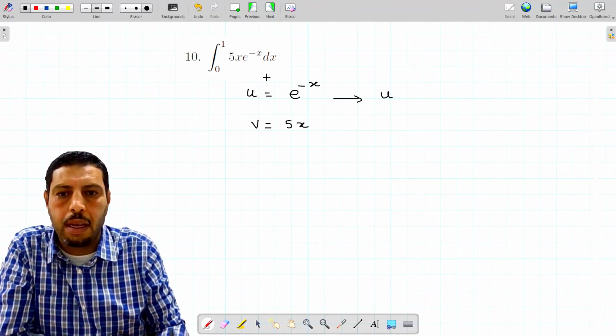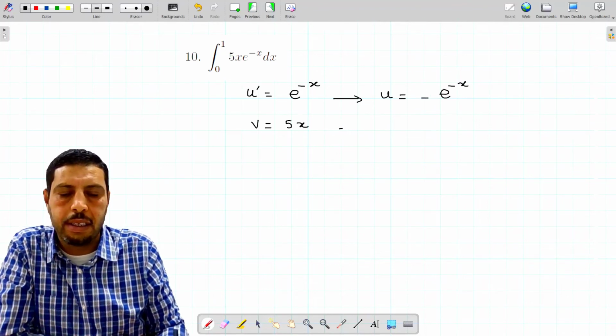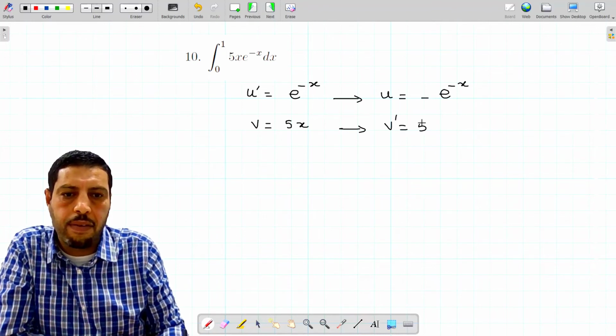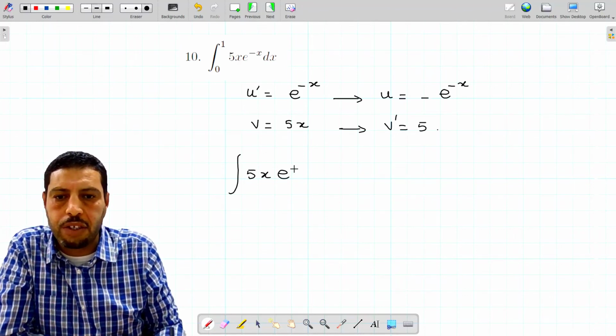u prime, sorry, it's u prime here. So u is equal to minus exponential minus x by integration. And the derivative of 5x is v prime equals 5. So use the integration by parts to compute the integral of 5x exponential minus x dx.